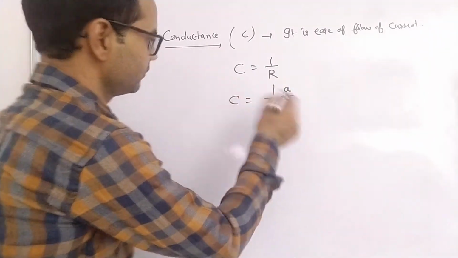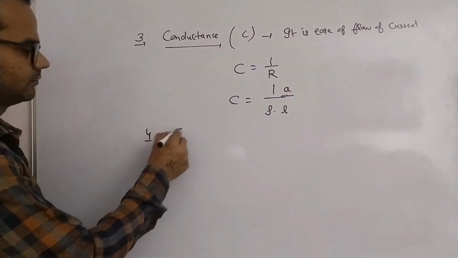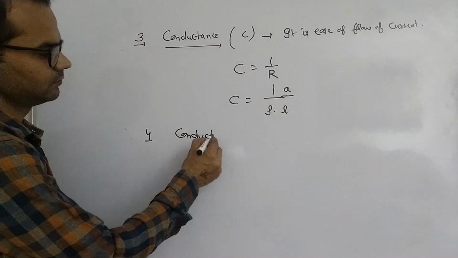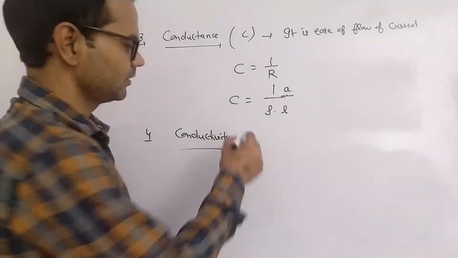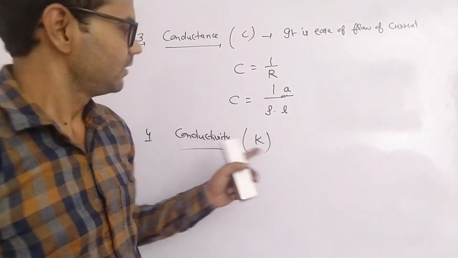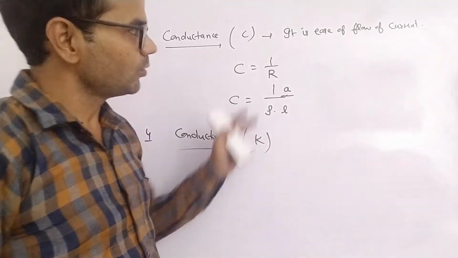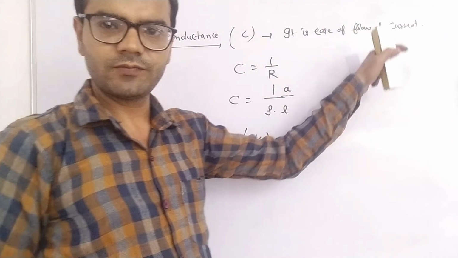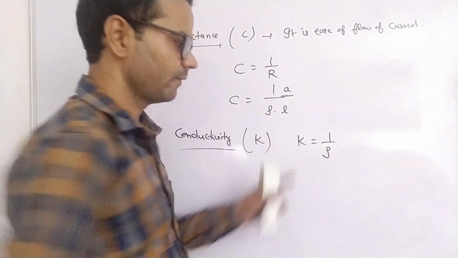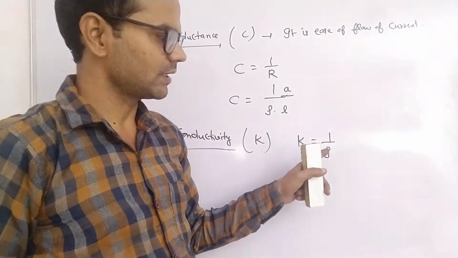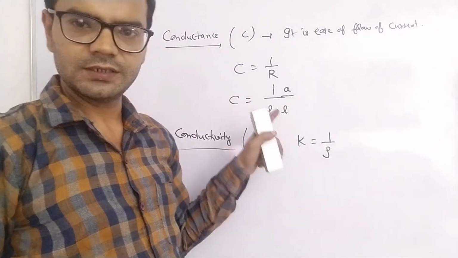So we are going to introduce the new fourth term. Conductivity, denoted by K. It is the property of material to allow the ease of flow of current. So mathematically K equal to 1 by rho, just the reciprocal, just opposite of resistivity.